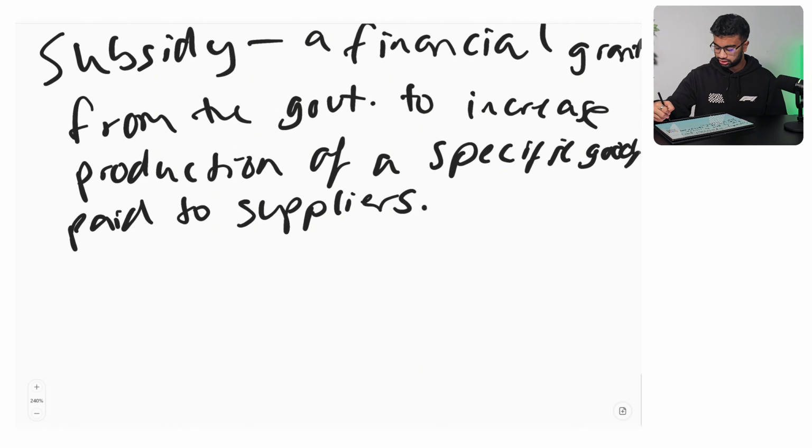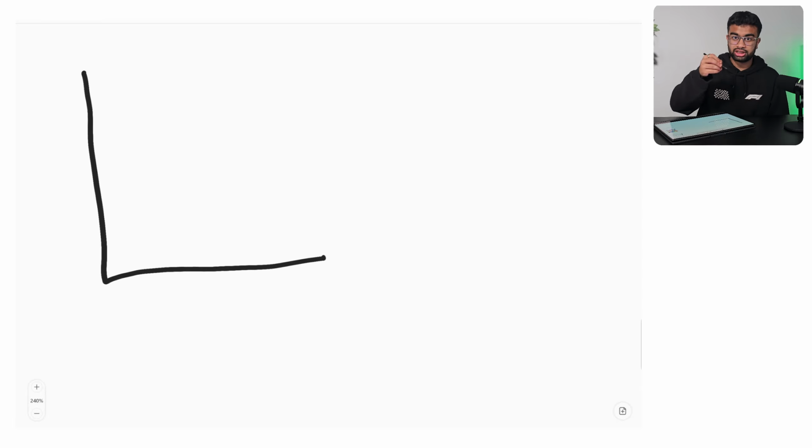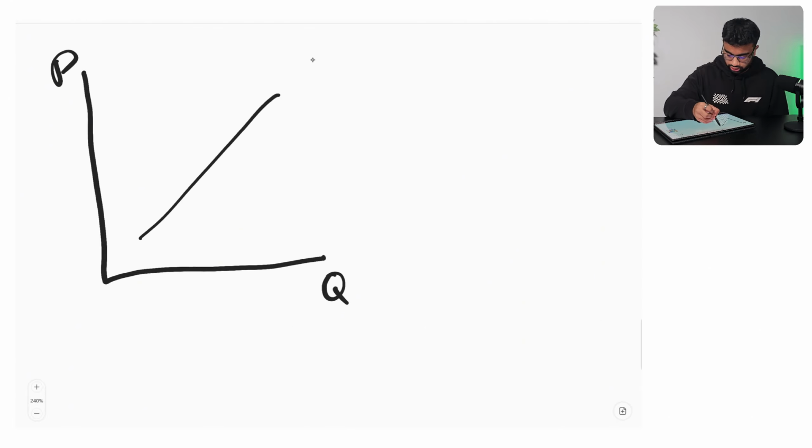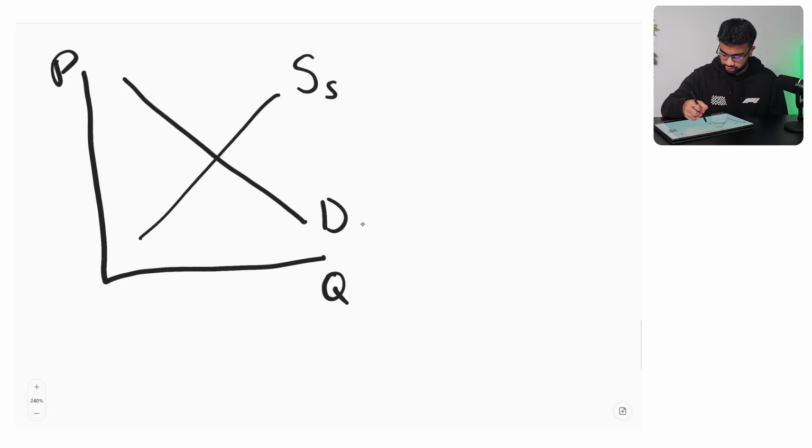So if you were to draw a diagram for this, we would have the original market, which would have price, quantity, and the supply of solar panels is that, and the demand for solar panels would look something like this.